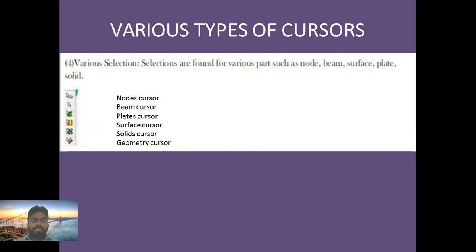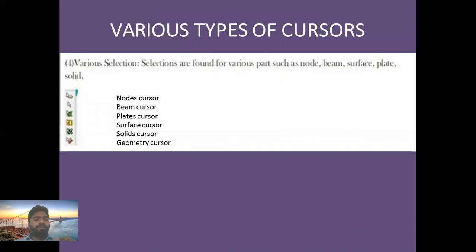So there are various cursors while using the STAAD.Pro software. The first cursor is the node cursor, the important cursor. Node means joint. If you want to select any preferable joint, you have to select the node cursor and click on that joint.